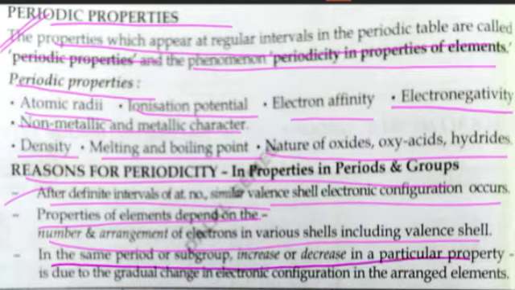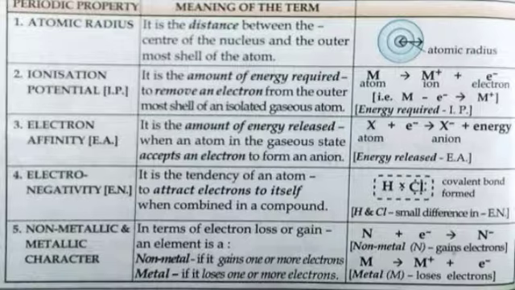In the same period or subgroup, increase or decrease in a particular property is due to the gradual change in electronic configuration of the elements arranged. It can be asked, what are the reasons for periodicity in properties in periods and groups? Then write these 3 points if it is for 3 marks, 2 points if it is for 2 marks, and like that. Now let's move further.